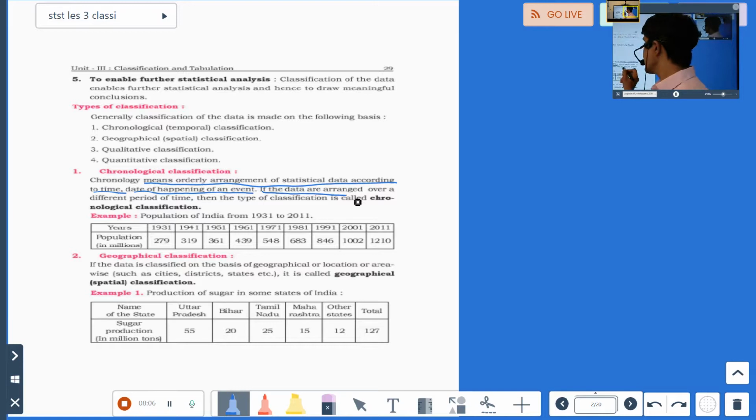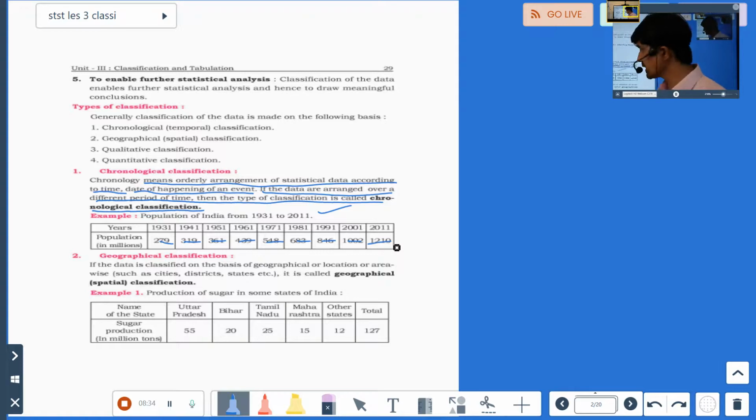If the data are arranged over a different period of time, then that type of classification is called chronological classification. Example, they have given the population of India from 1931 to 2011. See, different amounts of population, but they have given it for different years. So such a kind of classification is called chronological classification.